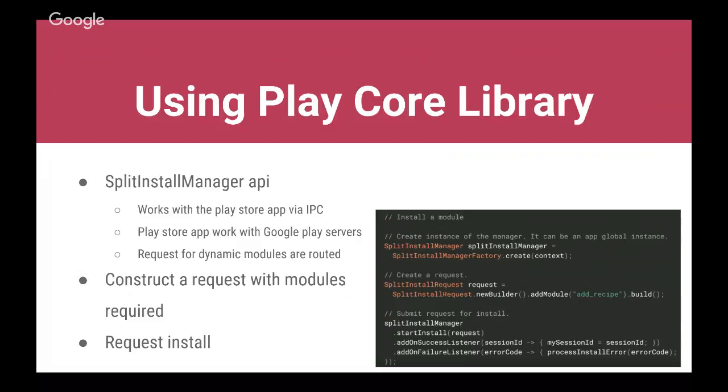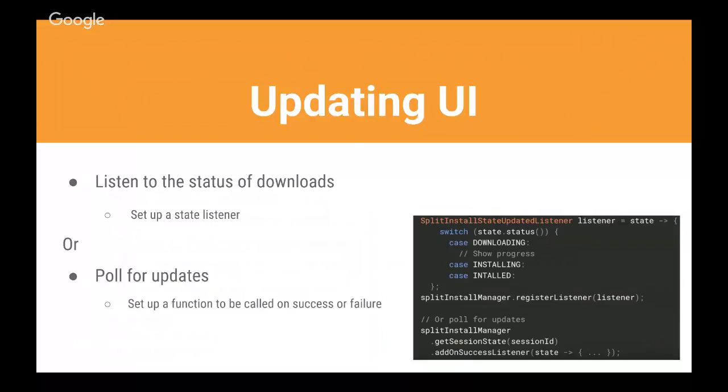You initialize the Split Install Manager. You create a request, specify the module that you want to install, and then give the trigger to start the install, calling start install. You can add a success listener or a failure listener to update the UI and tell the user whether the dynamic module was installed completely, or whether it has failed, so that the user can take corrective actions as required.